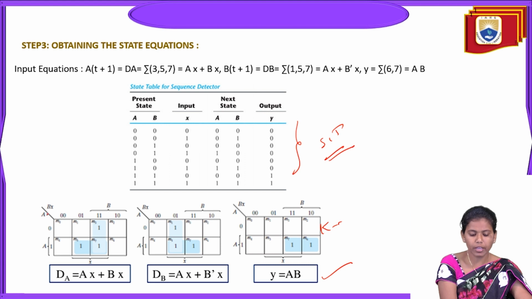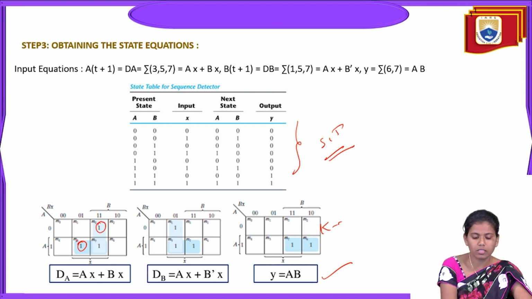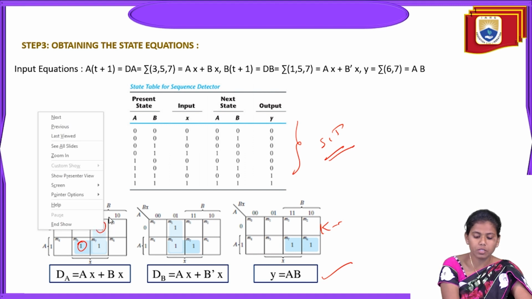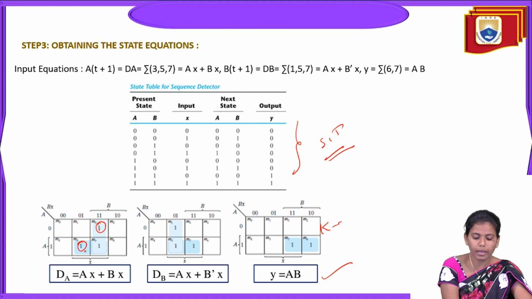Here if you observe A, B, x: 0, 0, 0, 1, 1, 0 and 1, 1. And if it is 0, 1. Here we are seeing, at this particular state, the transition of this particular state. That is, when A is equal to 0, my 1, 1 is observed at particular M2. And if A is 1, it is observed at 1.